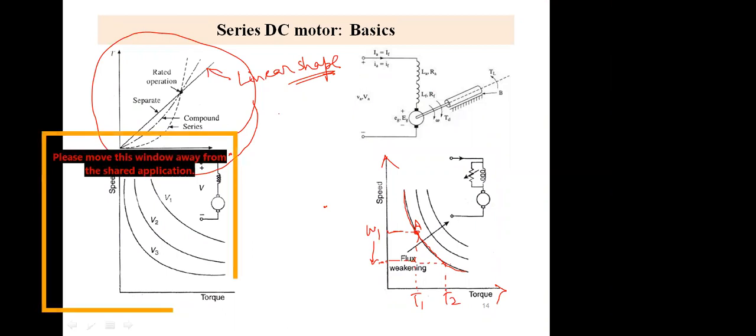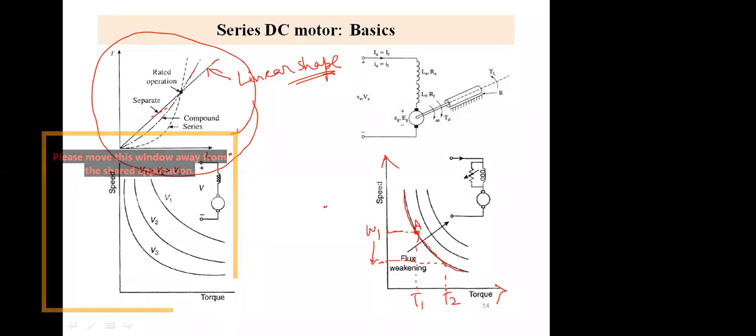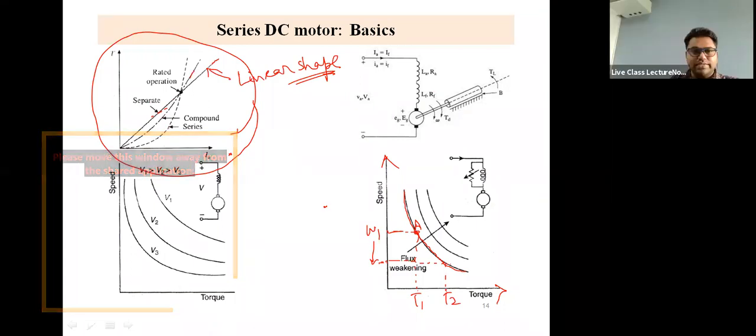So this straight line is a very linear type of thing. That means it is a very easily controllable motor. And then speaking about this one is a compound and this one is a series.